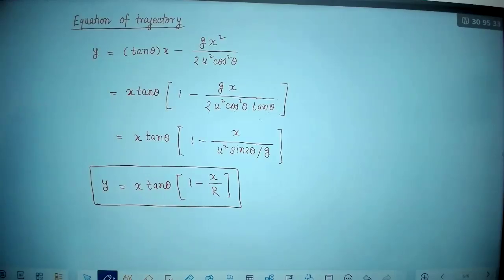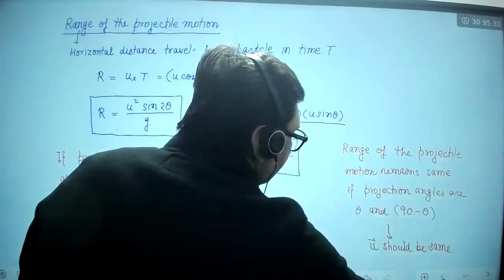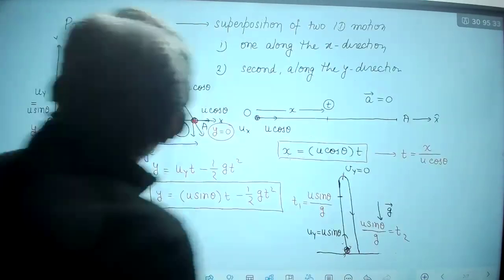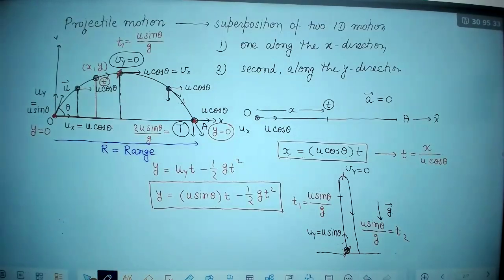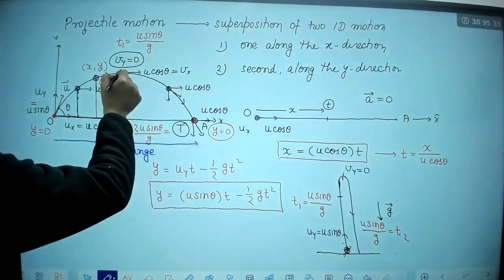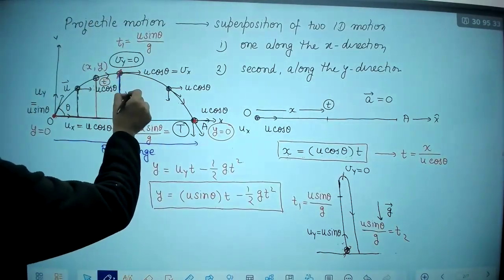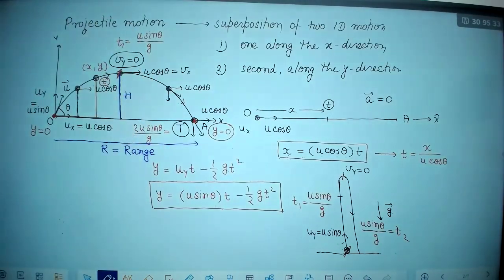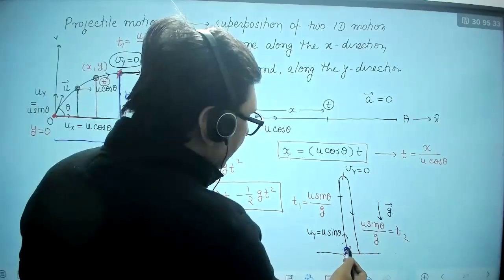What will be the maximum height? Next is maximum height. So if you look here, I want to find out this height. H max, I call it as capital H. So basically, look here, consider this part.